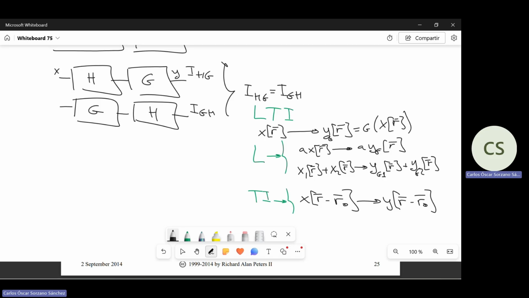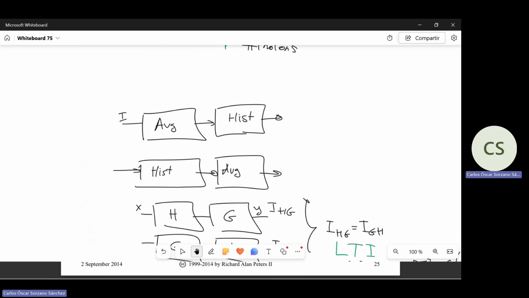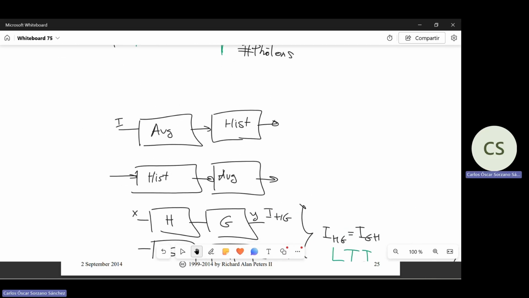Okay, so two systems commute if they are both LTI. Here T was time, so linear and time invariant. So here with images, it is space invariant. So not time invariant, but space invariant. Okay, so the average, computing an average, is it a linear system?